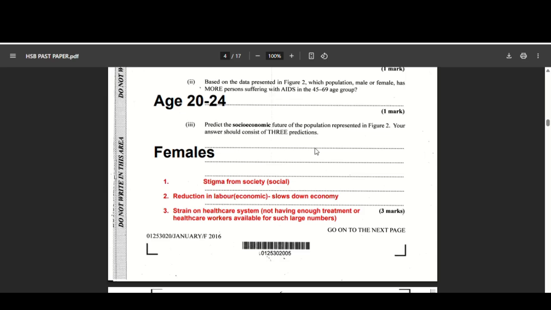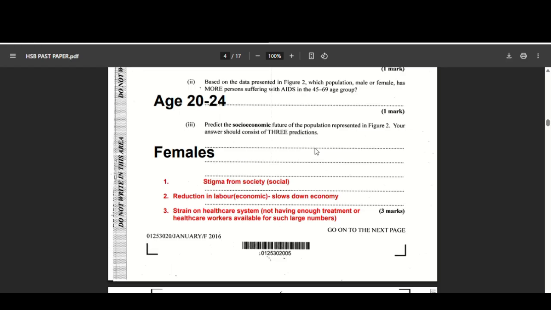So the first one, the persons themselves. Socially, the persons themselves will experience stigma from society, because obviously we know what AIDS is. It's developed from HIV. So it started off from HIV and then it turned into AIDS, and we know that there's a stigma associated with it because of how you contract it, right?